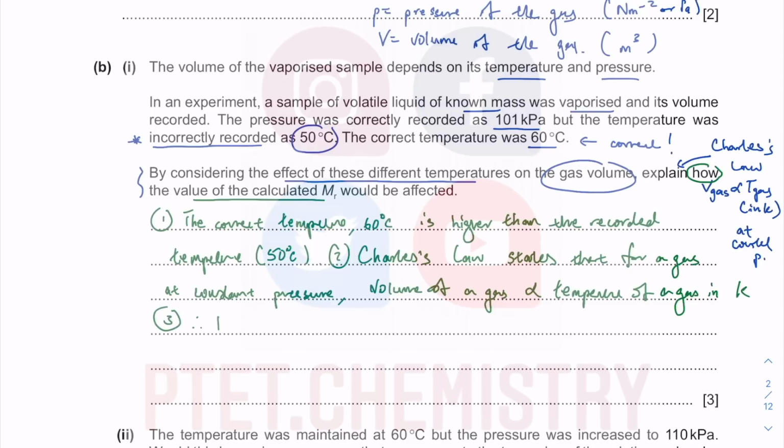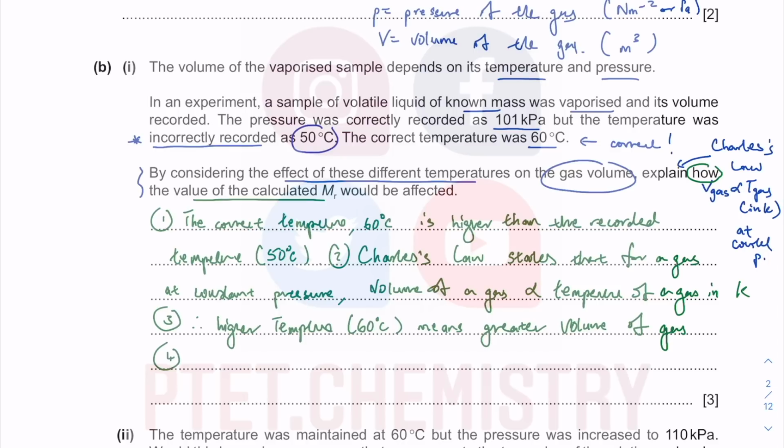Therefore the higher temperature of 60 degrees Celsius means greater volume of gas in reality, not what was recorded. So in reality, so what can we say?